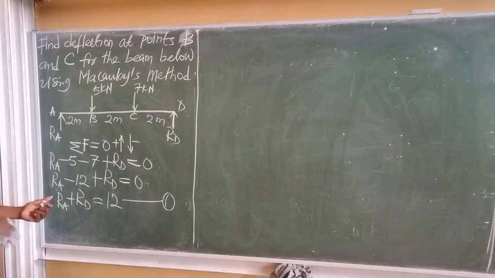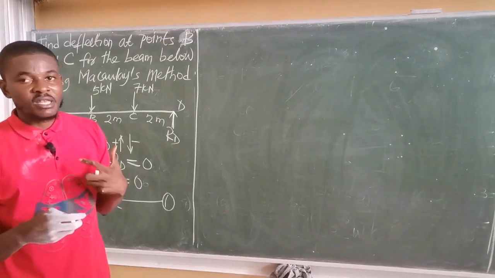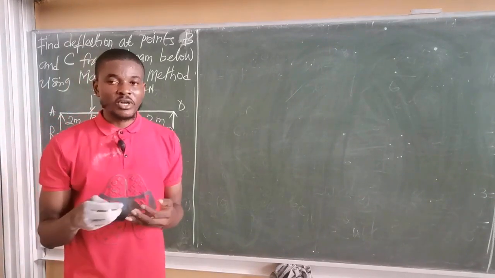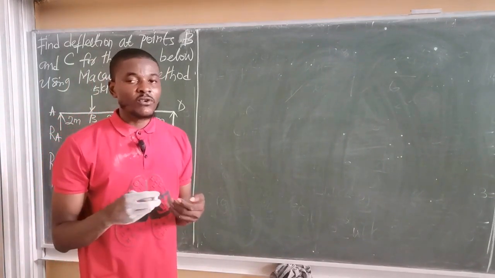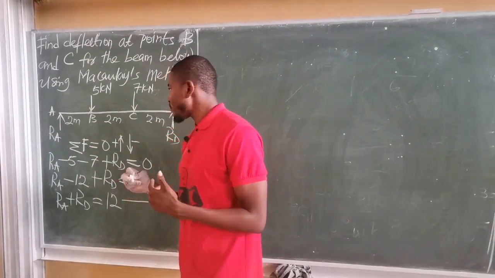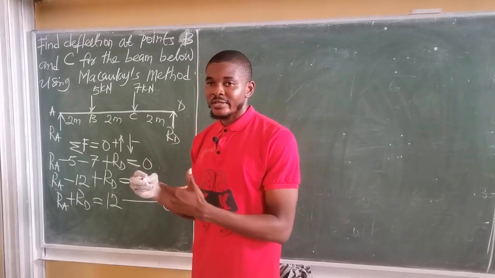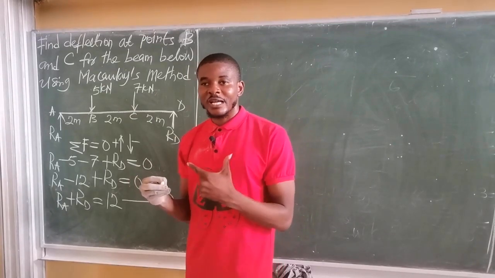So the only way now is by employing another equilibrium equation, which means take moment of force about any point on the beam. Now, if you have been following my shear force and bending moment series, I've said that to take moment on this portion of the beam, you look for one of the unknowns and take moment about that point, because moment is simply force times distance.